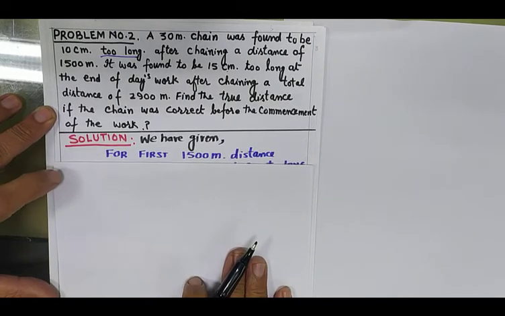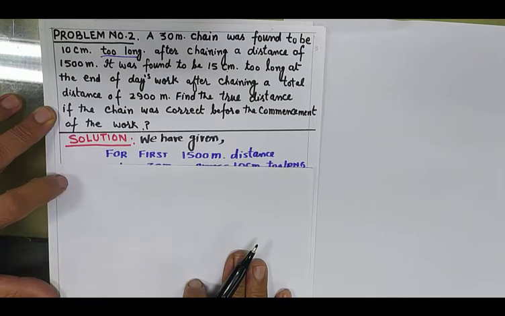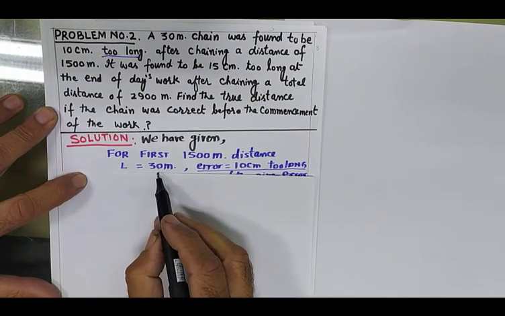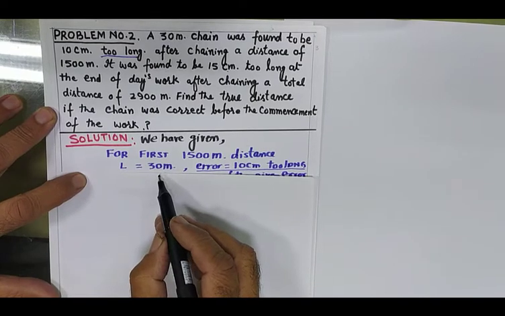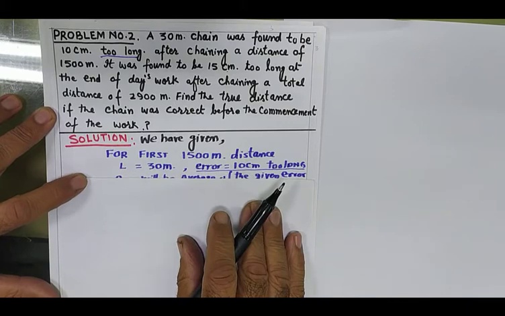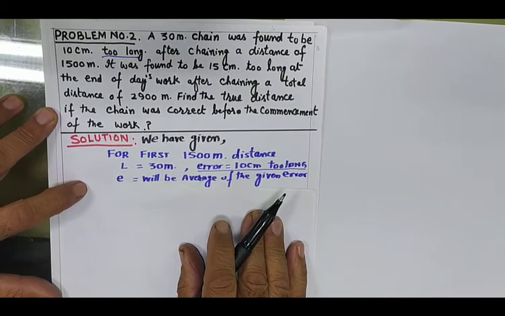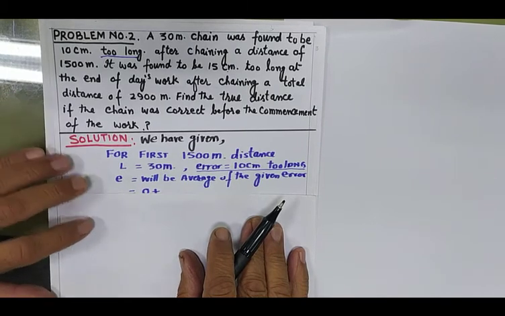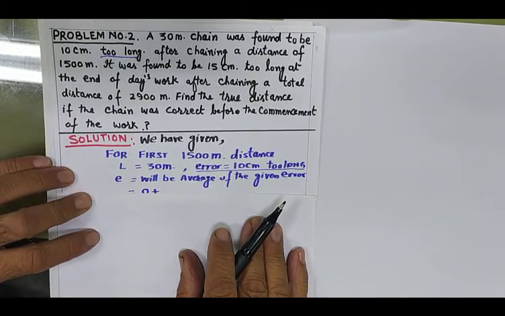We have given for the first 1500 meter distance, the actual length of the chain is 30 meter. There is an error of 10 centimeter in the chain, that is, the chain is too long. So E will be the average of the given error. You cannot take it simply here, this question is different from the previous one.